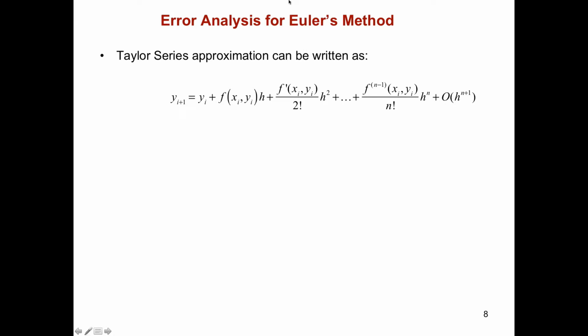Now we can actually see that this Euler method is nothing else but basically just chopping off, truncating the Taylor series after the second term and on. So this is essentially my Euler's method, right? Does everybody recognize the Euler's method that I just introduced?